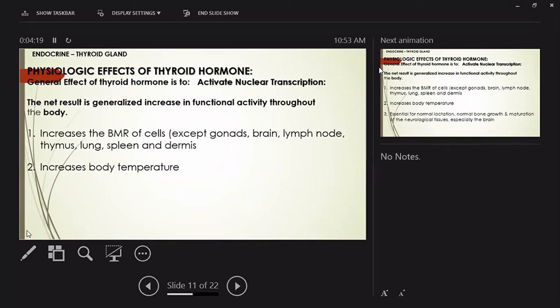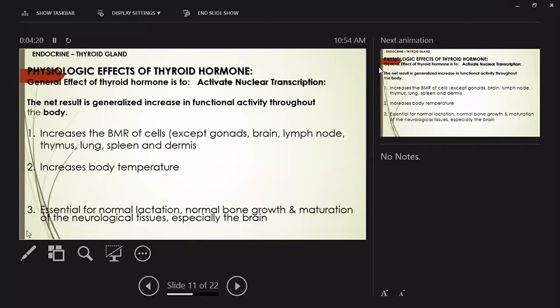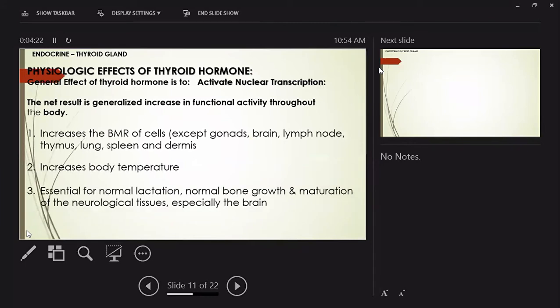It increases body temperature. It is essential for normal lactation, normal bone growth, and maturation of the neurological tissues, especially the brain. That's why this is important when a female is pregnant. This is important in the development of the neurological tissues of the fetus.